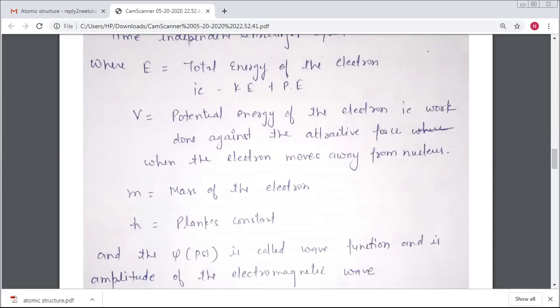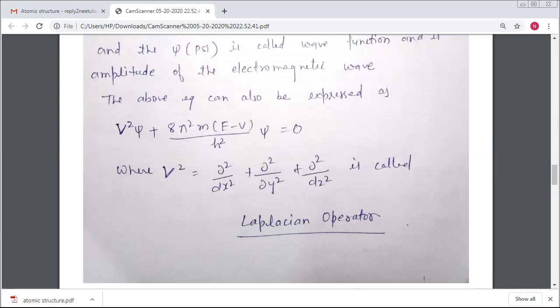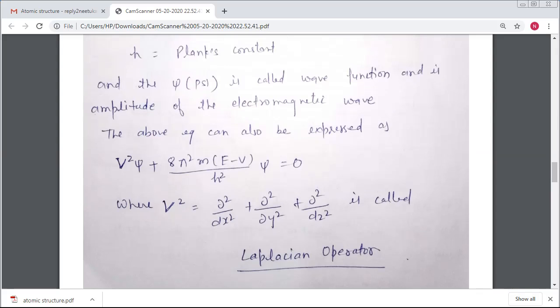Then m represents the mass of the electron, and h is the Planck constant. Now psi is called the wave function, and it is the amplitude of the matter wave.